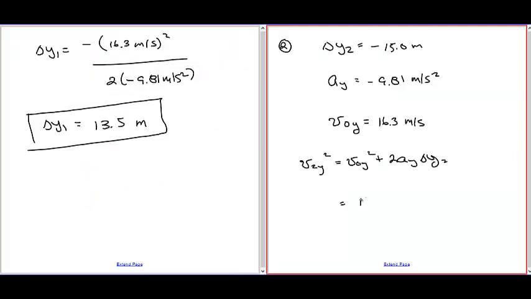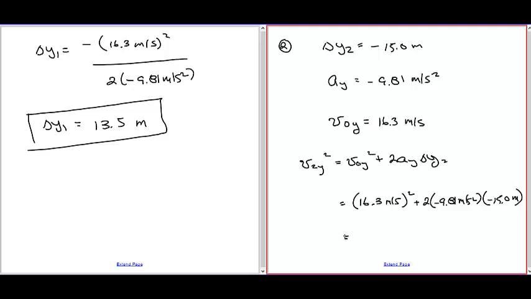Okay, so we got 16.3 meters per second squared plus 2 times a sub y, which is negative 9.81 meters per second squared, times delta y, which is negative 15 meters.